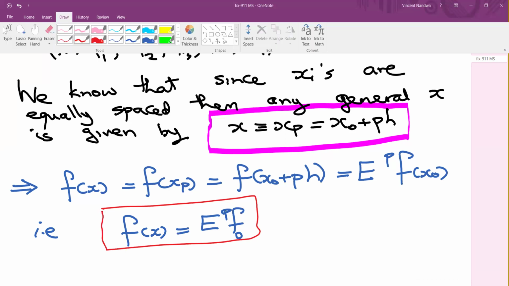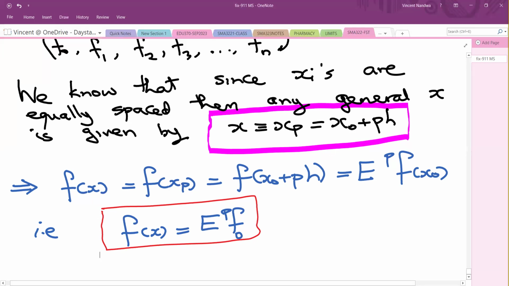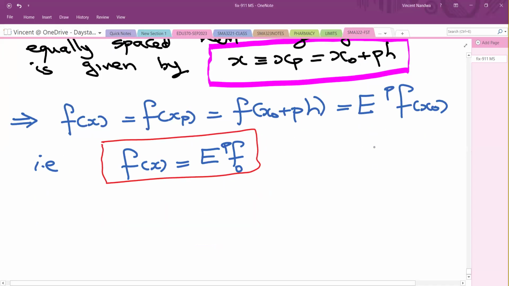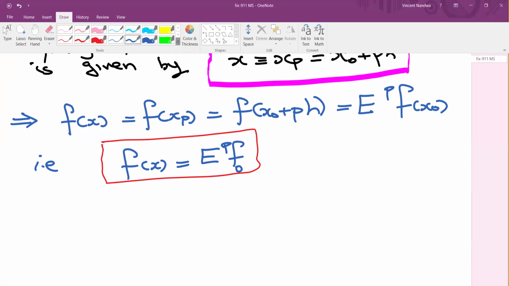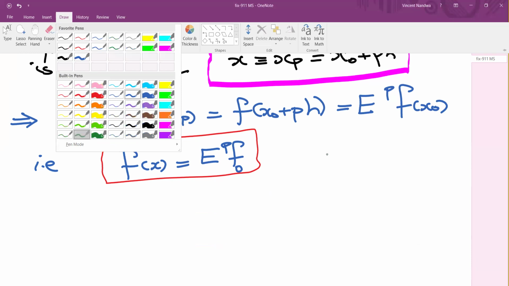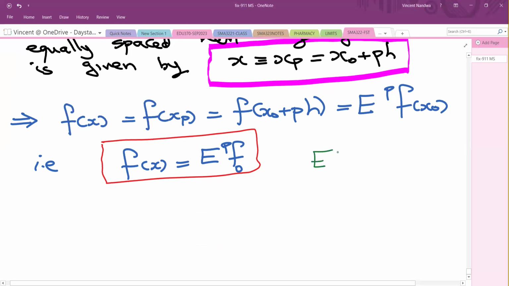If you go back to the definition of the shift operator, remember that shift of f of x is given, from the definition, by f of x plus h.